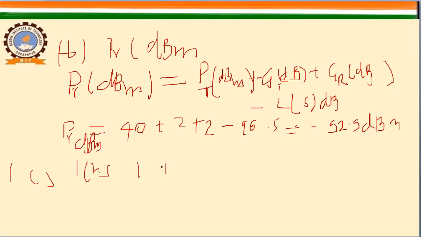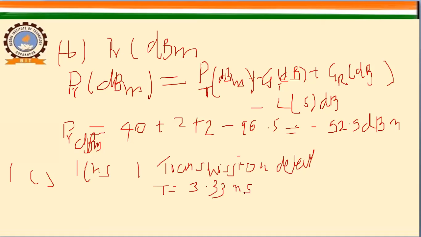C part is the transmission delay in nanosecond. The transmission delay T is equal to 3.33 nanosecond per meter of distance.